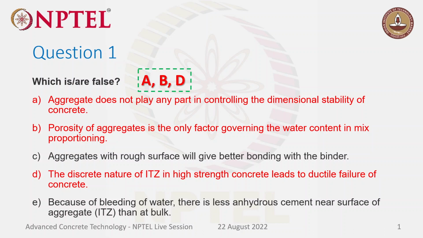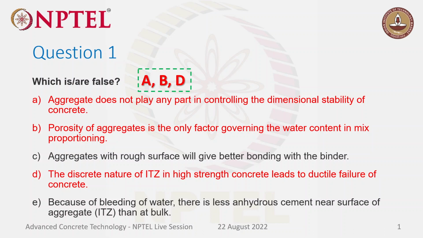Moving to the first option, aggregate does not play any part in controlling the dimensional stability, which is not true, because aggregates play the main role in dimensional stability, because cement on reacting with water shrinks. So aggregate plays a major role in dimensional stability, so that is false. The second option is porosity of aggregates is the only factor governing the water content and mix proportion.